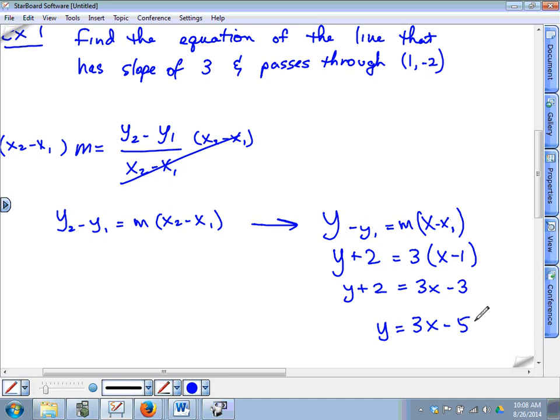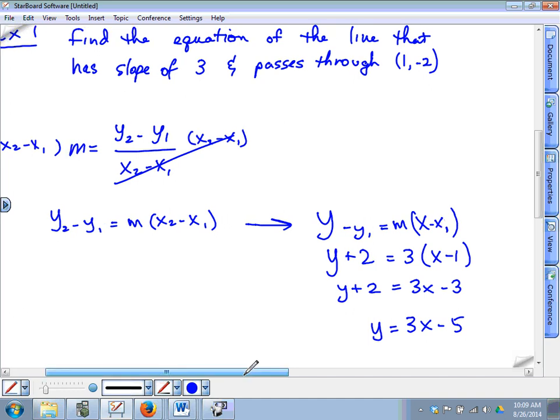So y equals 3x minus 5. So there's the equation of the line that has a slope of 3 and passes through the point. This way works. It's a great way, especially if you can remember that point slope formula. It's a great quick way to do it. Here's option B for those that are interested.